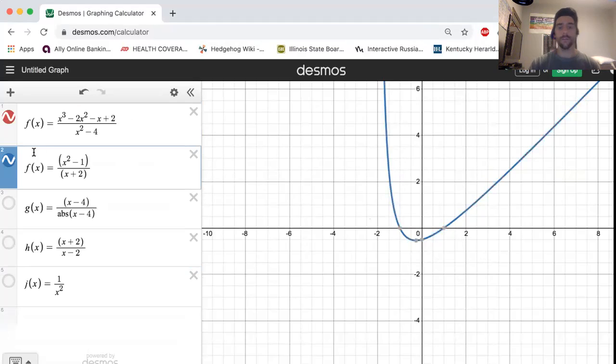This is the function we created by canceling out the x minus 2 factors. And again, if I go along this function and get to that value, it's defined at that point because of how I've changed the function. But if I was going to write it as the equivalent, I would say it can't equal x equals 2 so that they are a direct representation of each other.